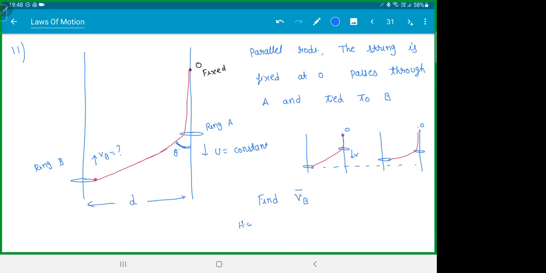And as a homework question, I'll give you this to try: find the acceleration of B. Again, all that story, d theta by dt and stuff, you try at home. But right now, let's do the velocity of B. That is an easy one.